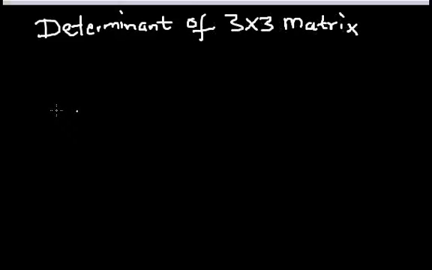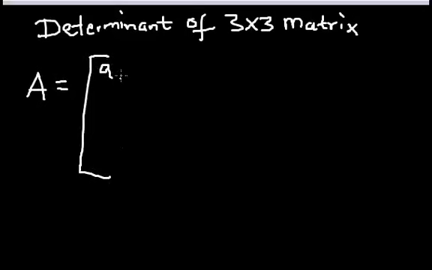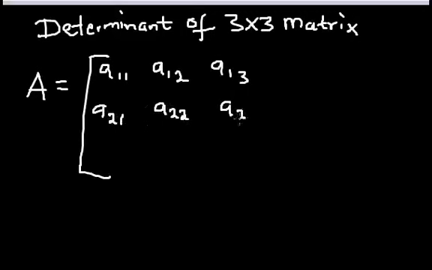Okay, so let me call it matrix A, which of course is A11, A12, A13, A21, A22, A23.